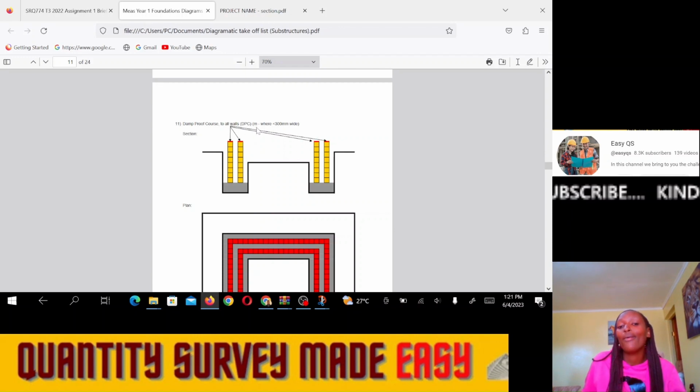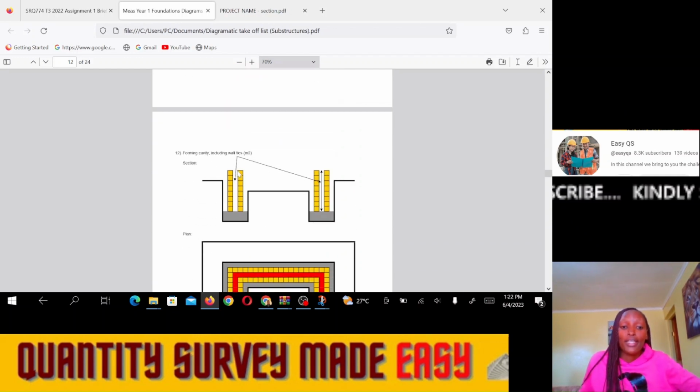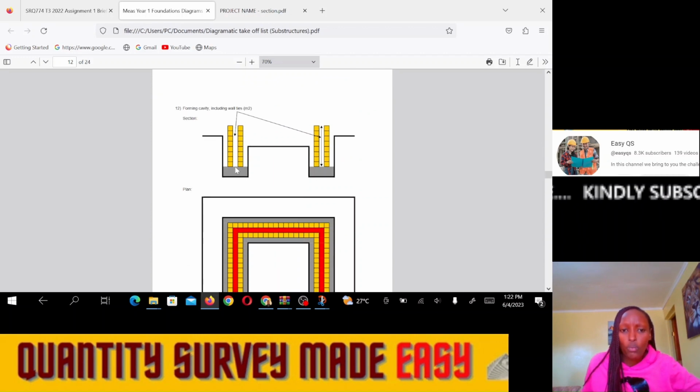So how we measure, we shall take the center line of these walls. The center line of each wall will give us the length of the DPC that we shall use. So once we add the length, we shall get the total length of the damp proof course that we are supposed to use.